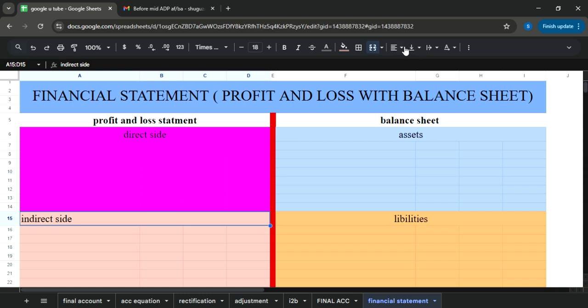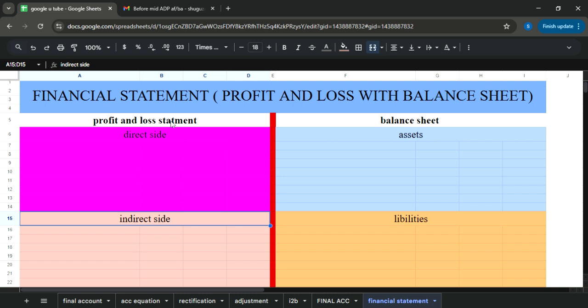For example, if you are doing the business of a bakery, the expenses which are associated directly with the baking, you will write on the direct side. Expenses which are directly associated with your bakery items, you will write over there. And if there are expenses or income not directly associated with baking but they are important for the business, you will mention them over here. Now you can see that we have written profit and loss statement.